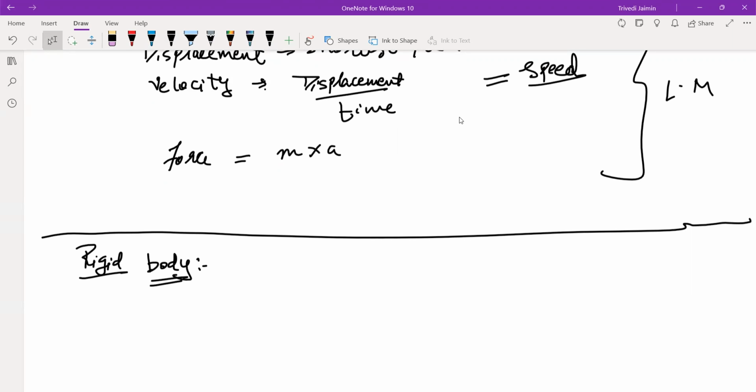It is very strong, sir. Definite. Or unchangeable. We can say unchangeable. We have some moral values which are rigid. It does not change its shape, or it does not deform.